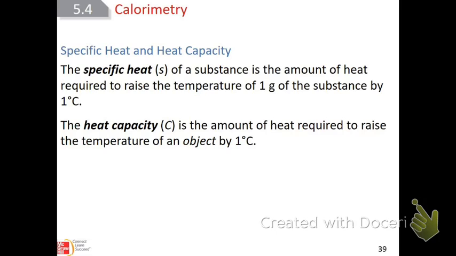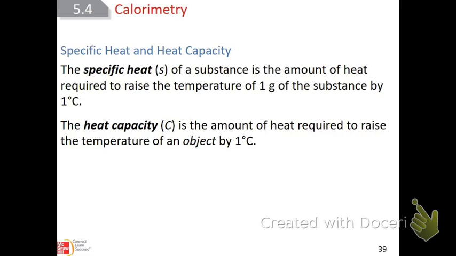And then there is heat capacity. Now, think of heat capacity as thermal energy. Heat capacity is, okay, I don't just have 1 gram of that thing, I have a bunch. I'm going to draw my little cup again.